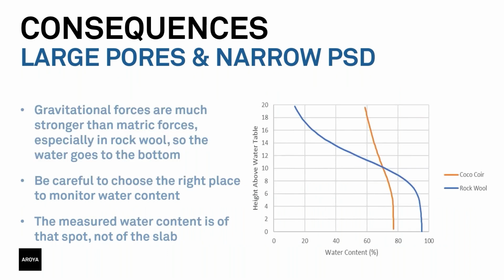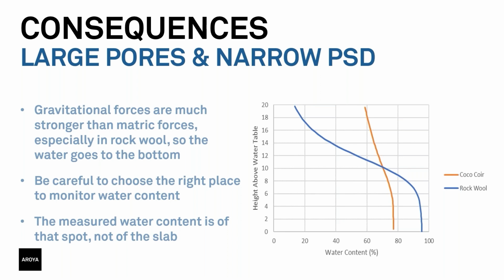Now, another consequence of the large pores is the spatial distribution of water in the substrate. As I already mentioned, gravitational forces are much stronger than matrix forces in these coarse substrates. This diagram shows the equilibrium distribution with height of water in rock wool and cocoa.